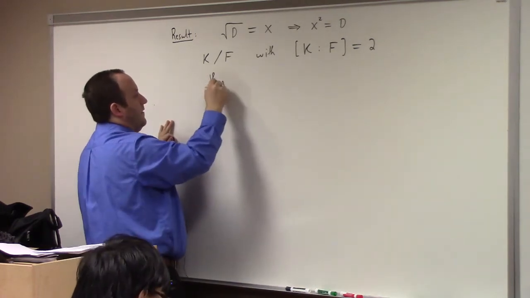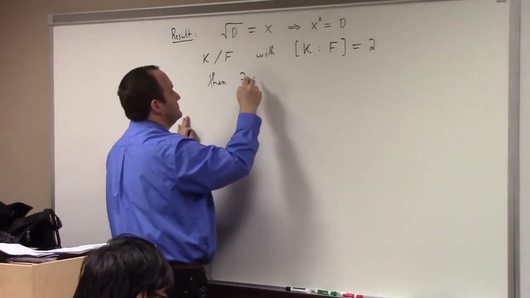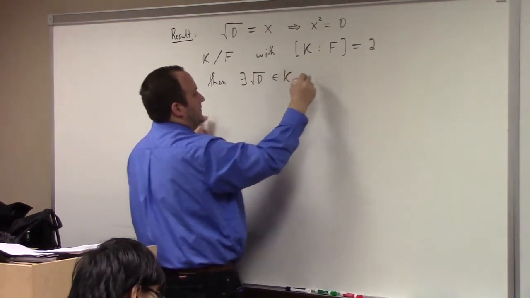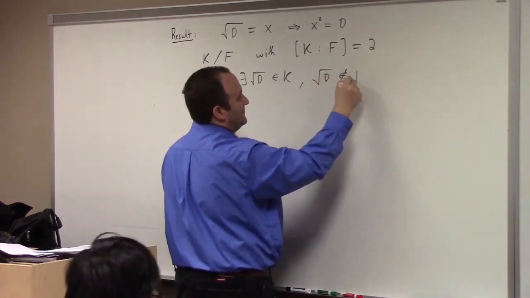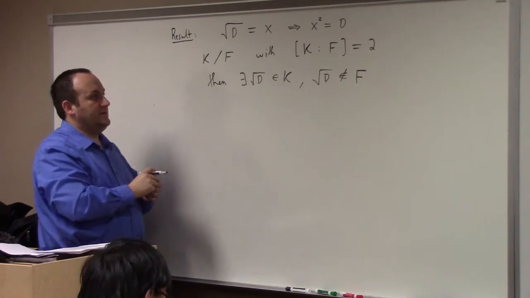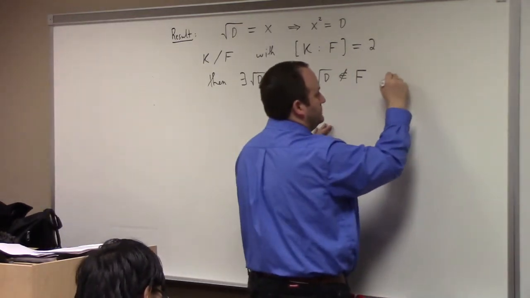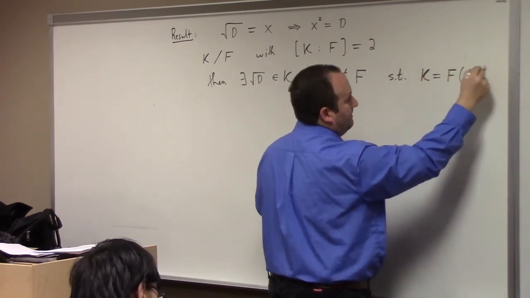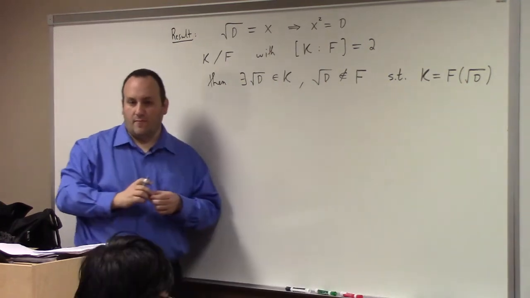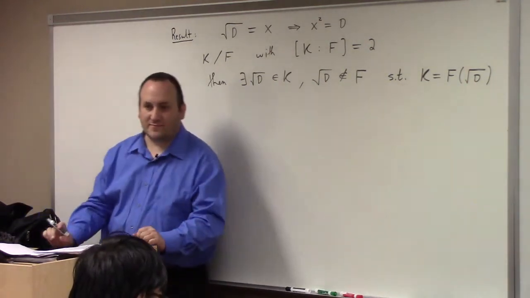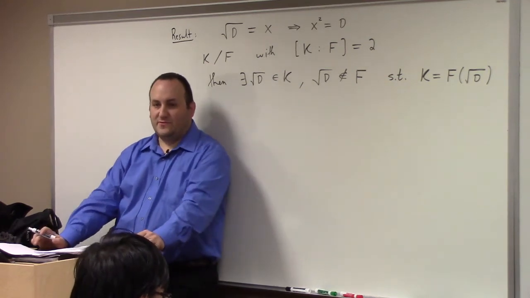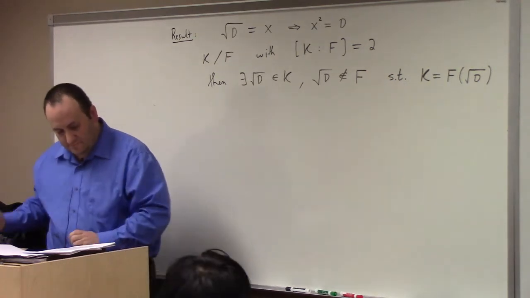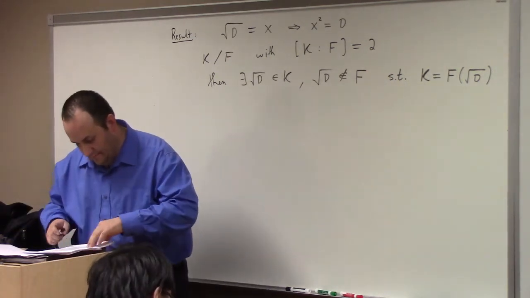Then there exists a square root of d in K with the square root of d not an element of F, all right? Such that what? K is equal to F adjoin the square root of d. We have seen lots of examples of this already, right? I mean, Q adjoin the square root of 2, Q adjoin the square root of 3, these sorts of things.